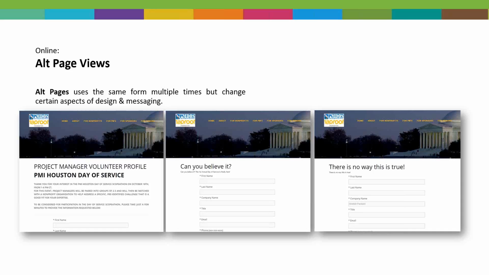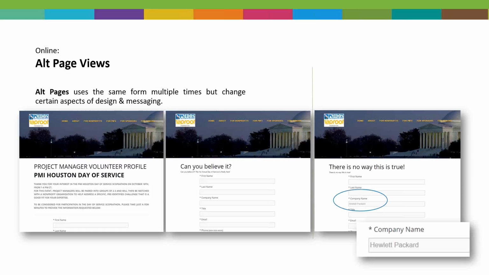Now, what we'll get into here is the field overrides, and you'll see on the third image, the one that says headline, there's no way this is true, under company name, you'll notice it's pre-filled in with Hewlett-Packard. What field overrides does is it lets you make changes to specific fields on that alt page. So here it's all the same field, it's all the same form. They're seeing it differently.